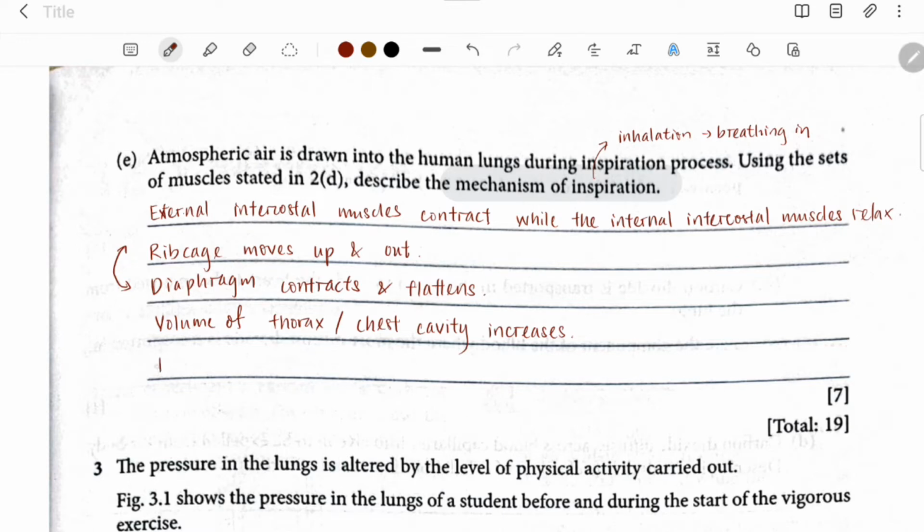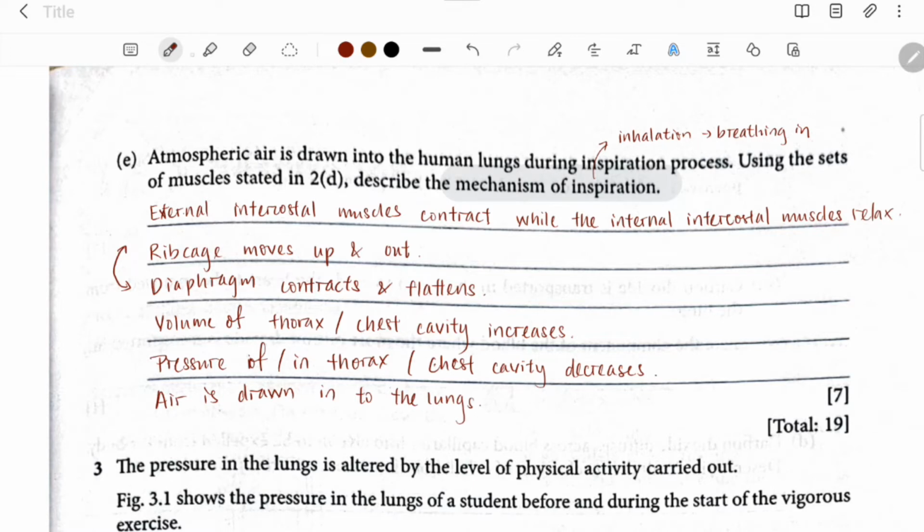So pressure of or in thorax or chest cavity decreases. And then last point, you can say air is drawn into the lungs.